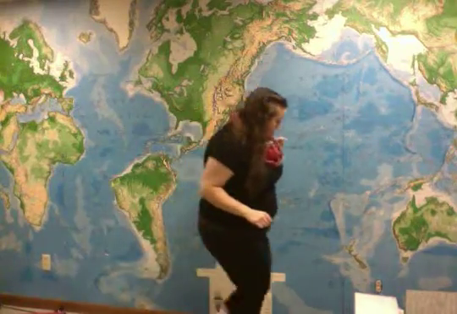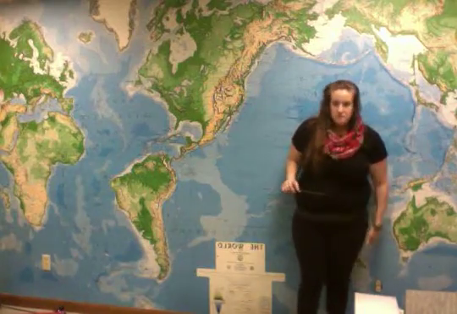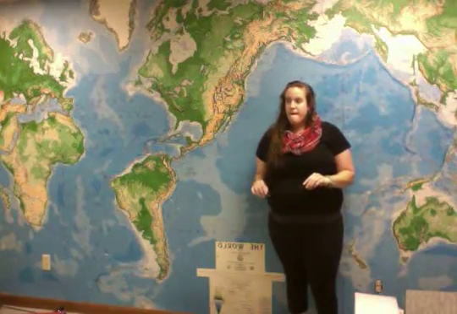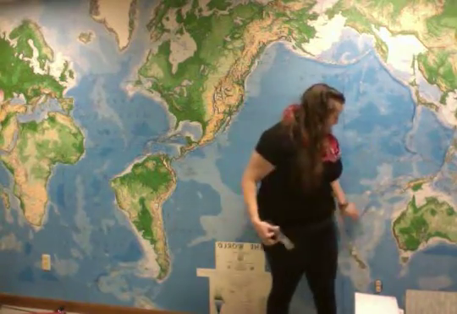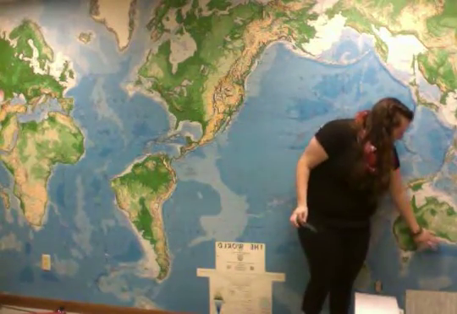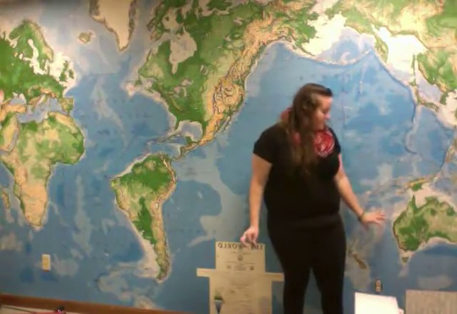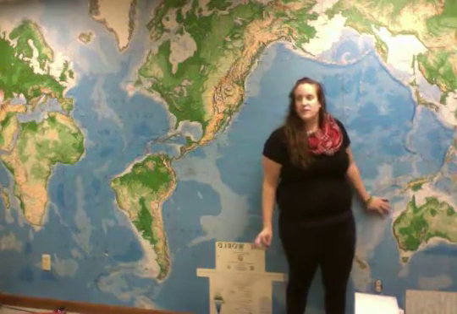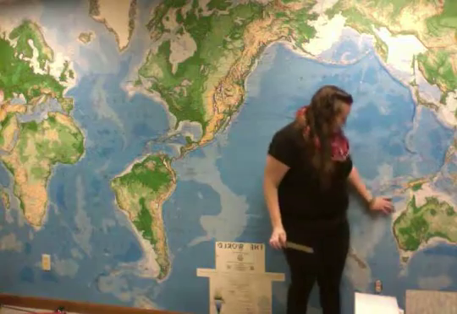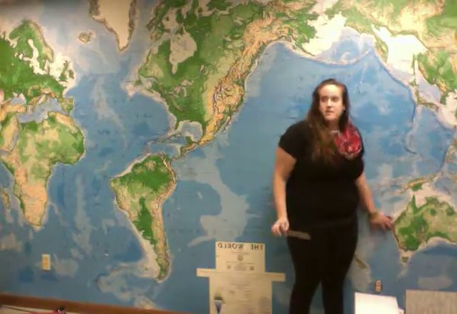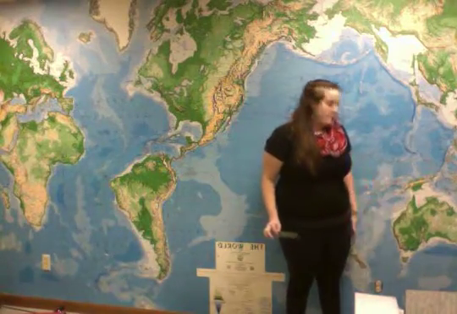Now, does anybody know the climate of Australia? Moderate to warm. Yes. And what is in Australia that is very well known to wildlife? Kangaroos. Not kangaroos. Generally, it's going to be the Great Barrier Reef that wraps its way around Australia, which is where tropical fish live right now.